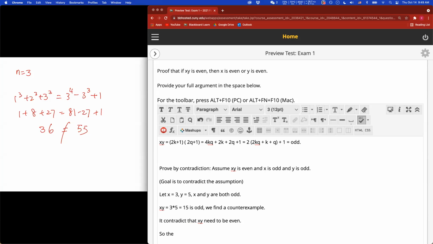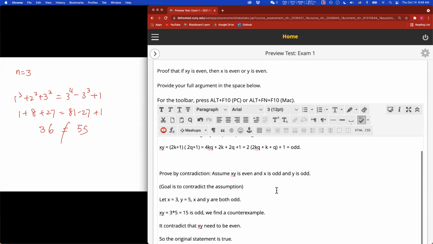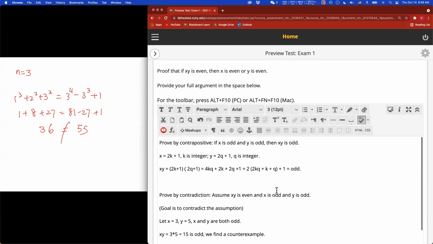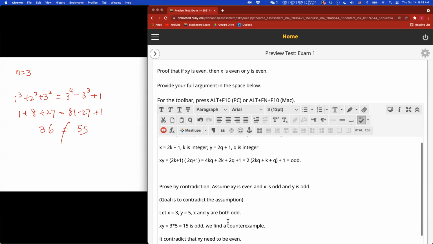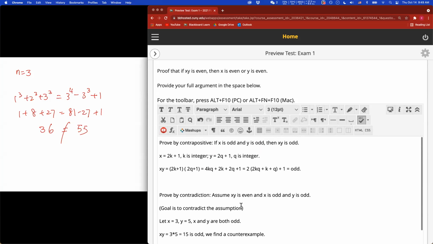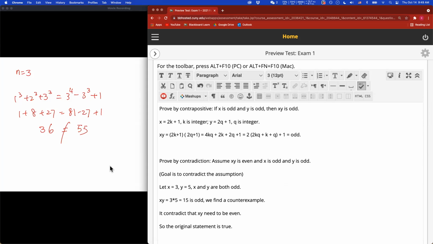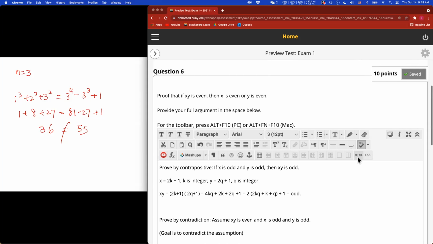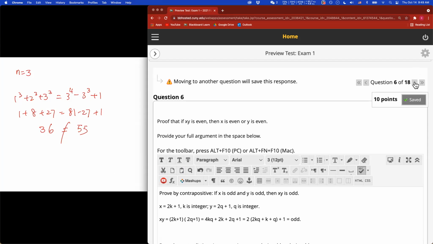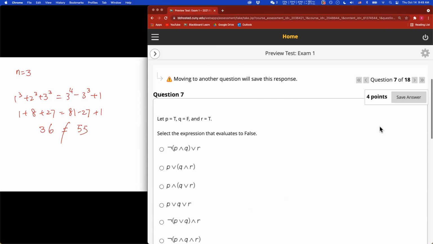So the original statement is true. Okay, so there are two ways you can do it. Either you do it by contrapositive, or do it by contradiction and provide a counterexample. Any questions? Okay, next.